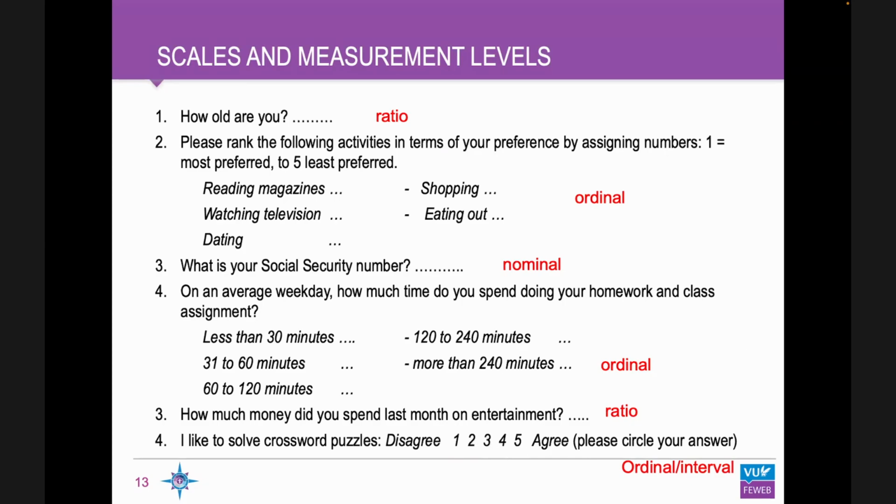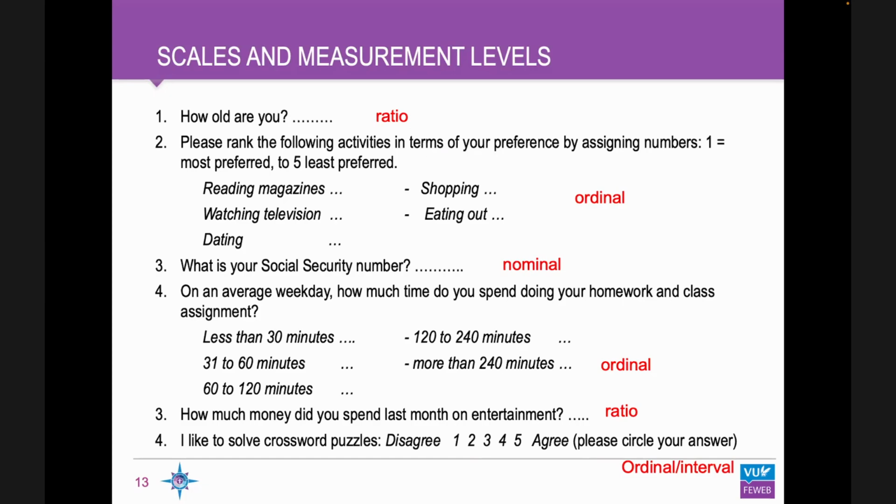So once you have a question, please check if you have an odd number of options, if you have a neutral statement in between, and if the options on the symmetric sides correspond to each other, so that you can justify these equidistances.